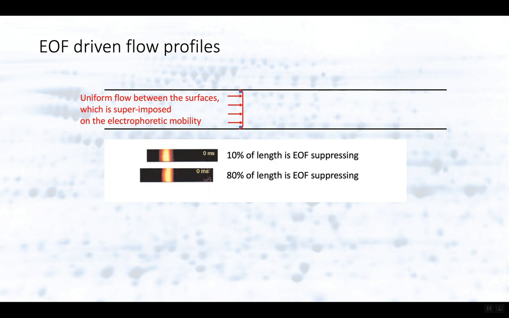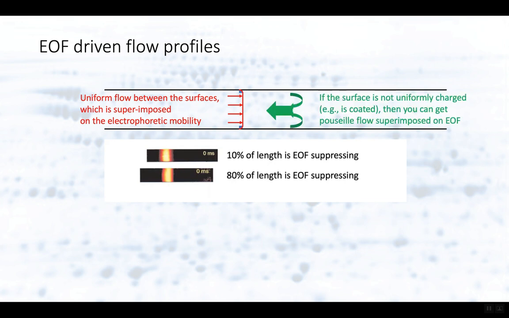However, if there are variations in the charge on the surface, we can actually get superimposed Poiseuille flow with EOF flow. And that's a challenge because we end up seeing the walls will move faster, up to a point.